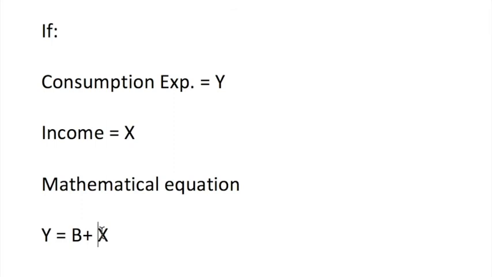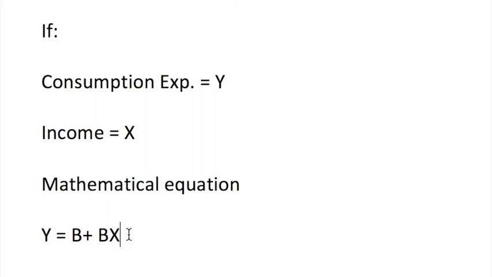So the change in income is represented by a coefficient, which is also a b. So our equation therefore becomes Y is a function of the intercept or the constant term plus the coefficient of income times income.